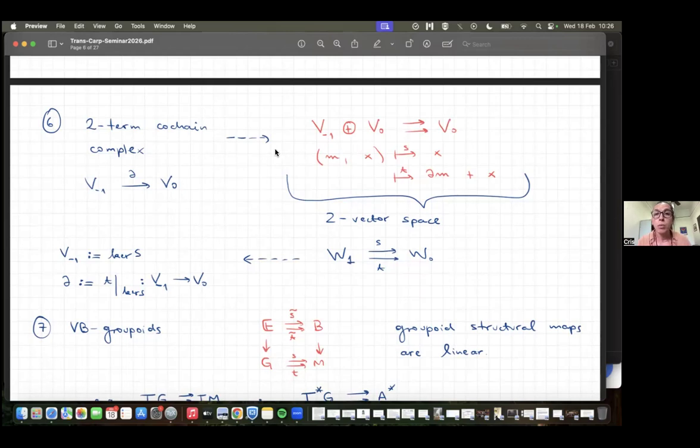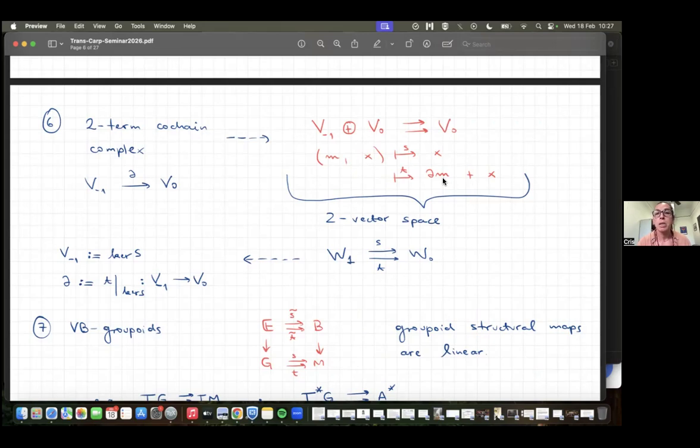Then one can cook up a groupoid by taking the direct sum of these two vector spaces, and the space of objects will be V0. So the source map is just the projection, and the target map is given by X plus partial of M.